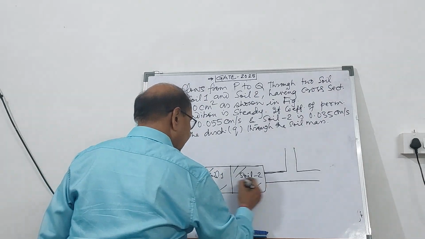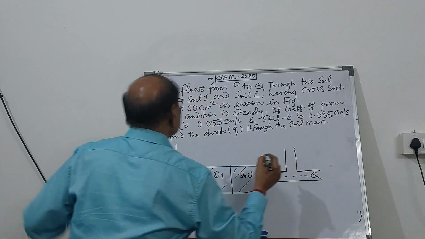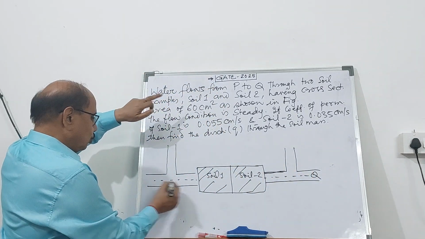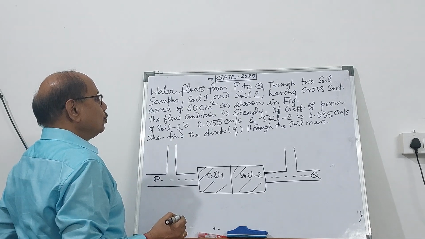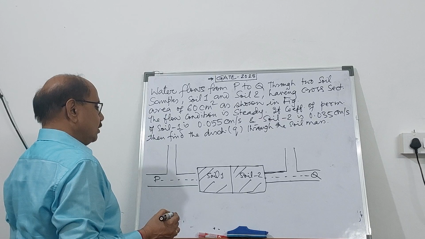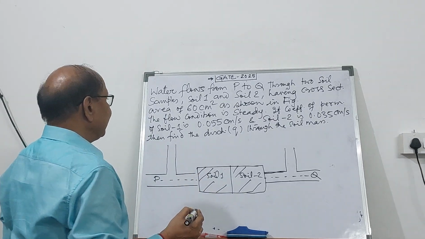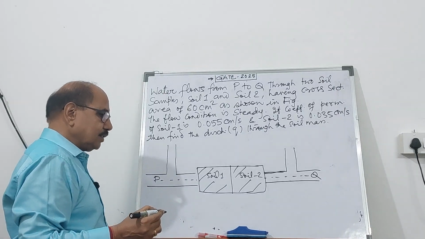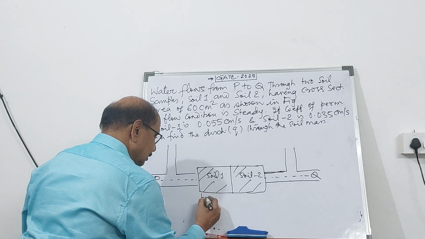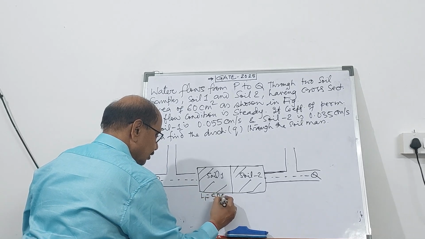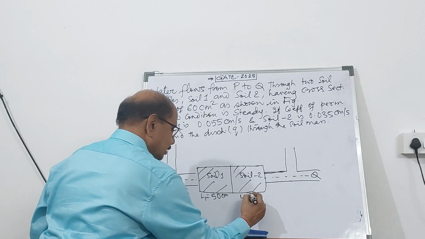The water is flowing through this. So water flows from P to Q through two soil samples, soil 1 and soil 2. The cross-sectional area is given and the coefficient of permeability is given. The length of soil 1, L1, is given as 50 centimeter. And for soil 2, L2, it is 30 centimeter.